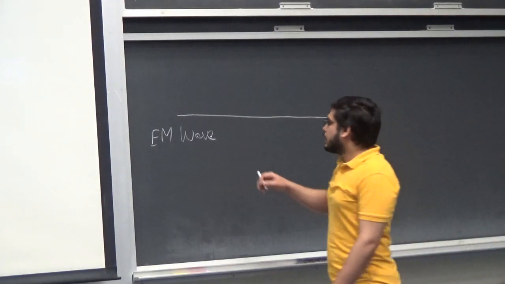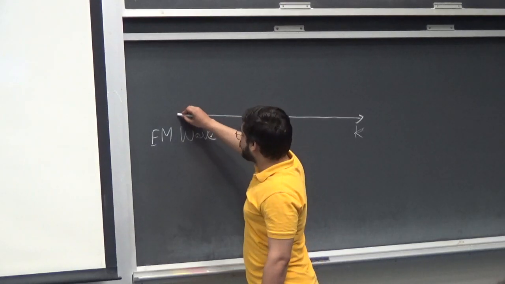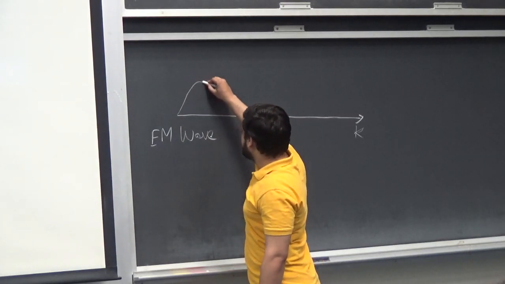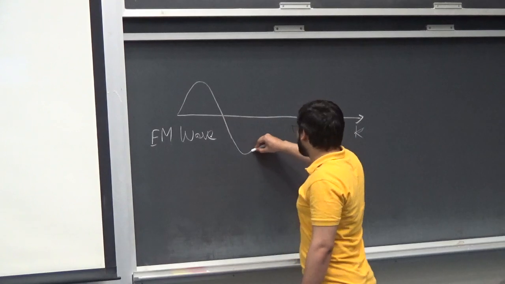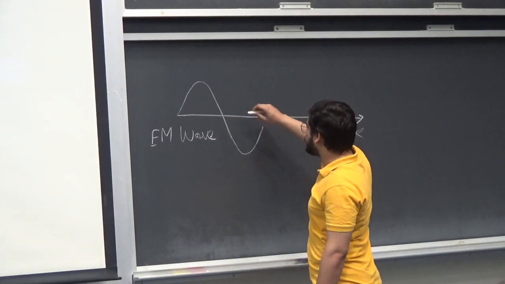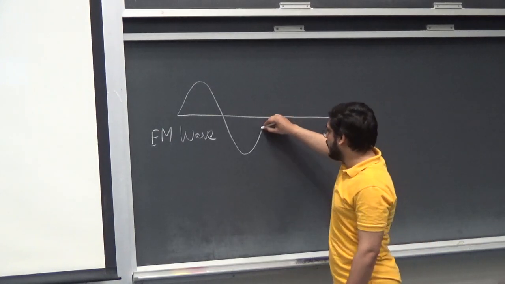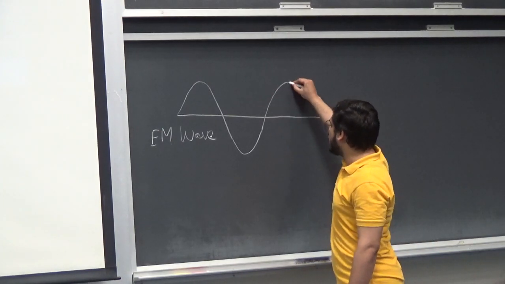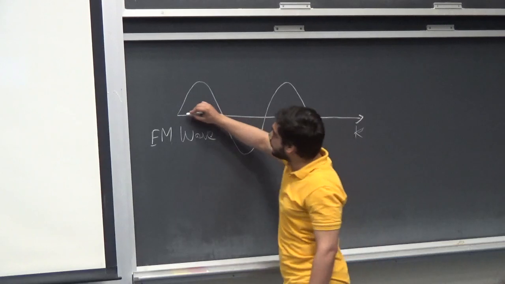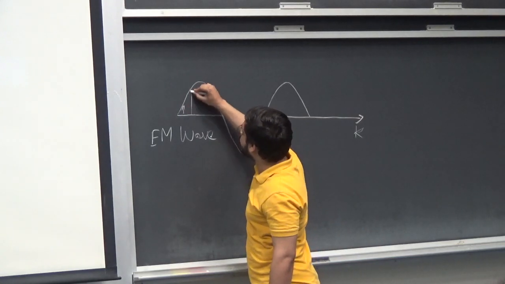The variation of the electric field with respect to the direction of propagation of the wave is what we call the polarization of the electromagnetic field.